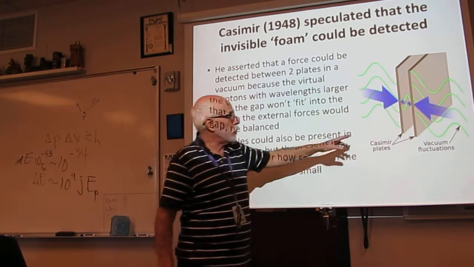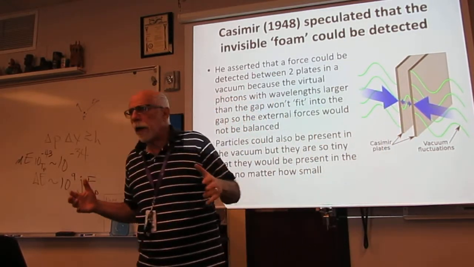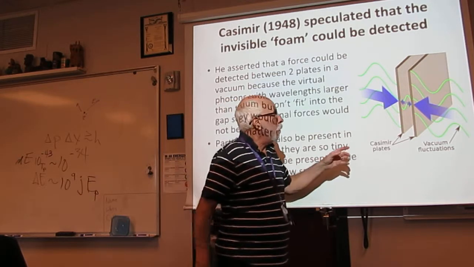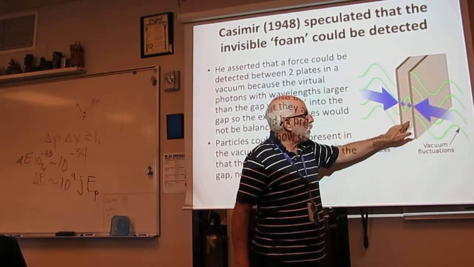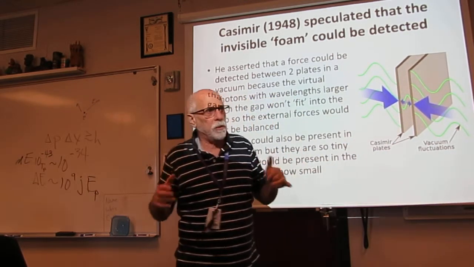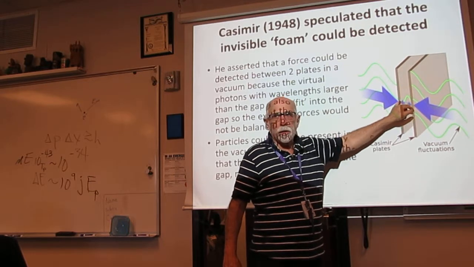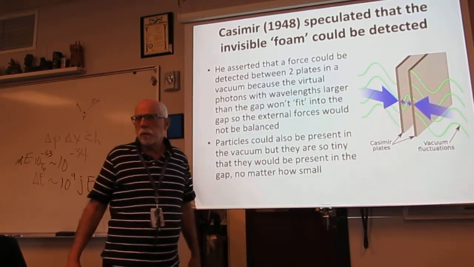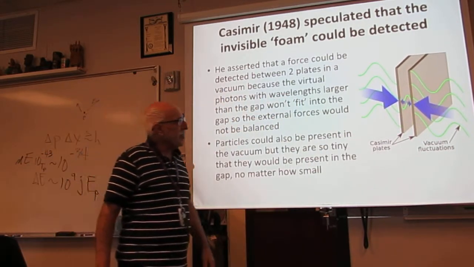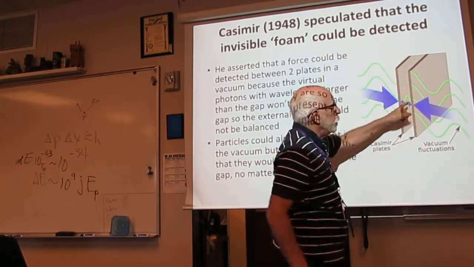Here are the two plates. Remember I said we have boundary conditions. So the box has electromagnetic radiation in it, but here we have these two plates, and unless the wavelengths can fit between the two plates, they cannot physically exist. That's a result of the boundary conditions related to electromagnetic waves. Now I didn't draw the box here, but it's around these two plates.